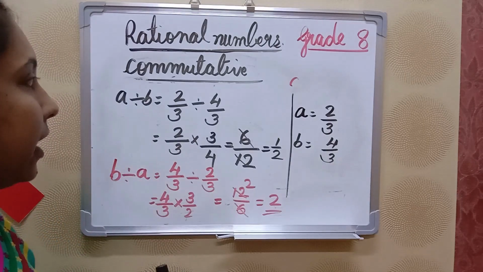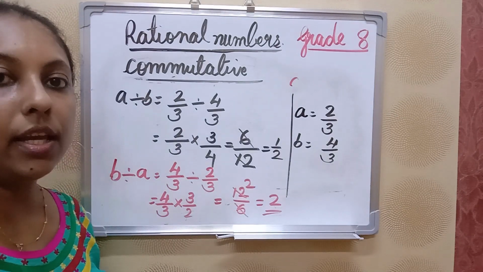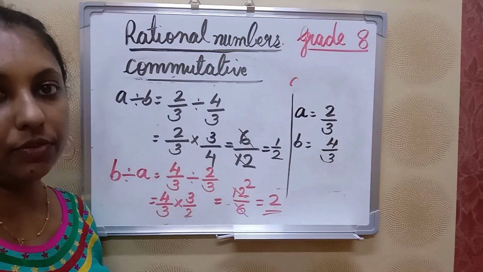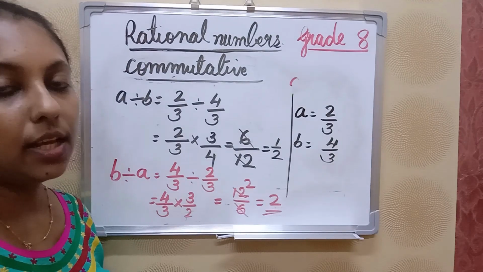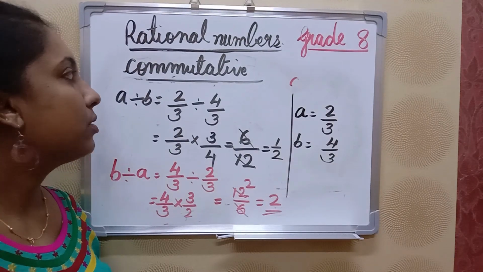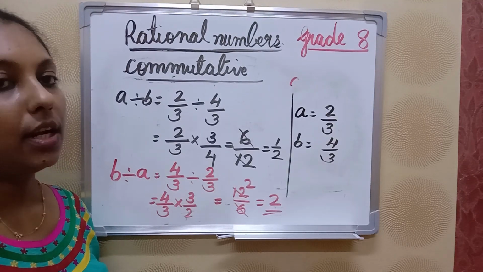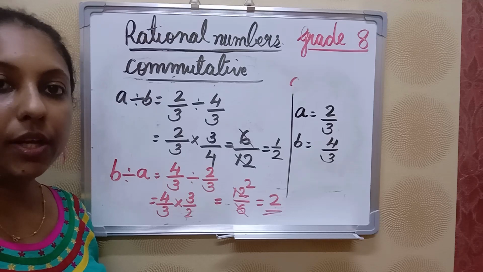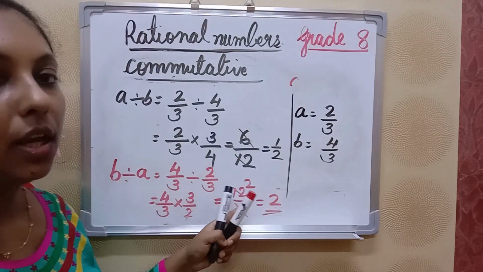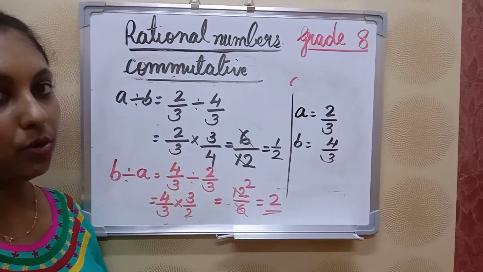This A divided by B is not equal to B divided by A. So division is not commutative for rational numbers. So in the commutative property, addition is commutative, multiplication is also commutative, but division is not commutative and subtraction is also not commutative.